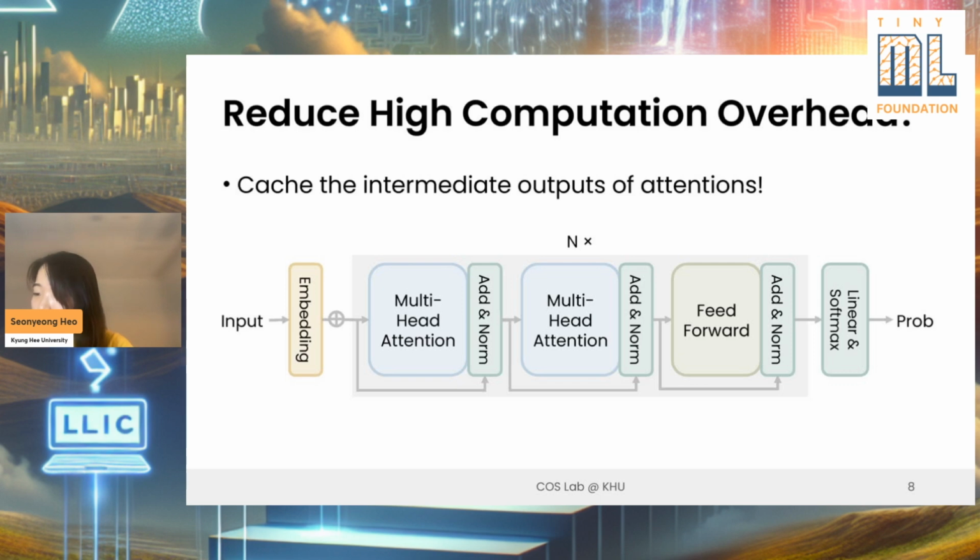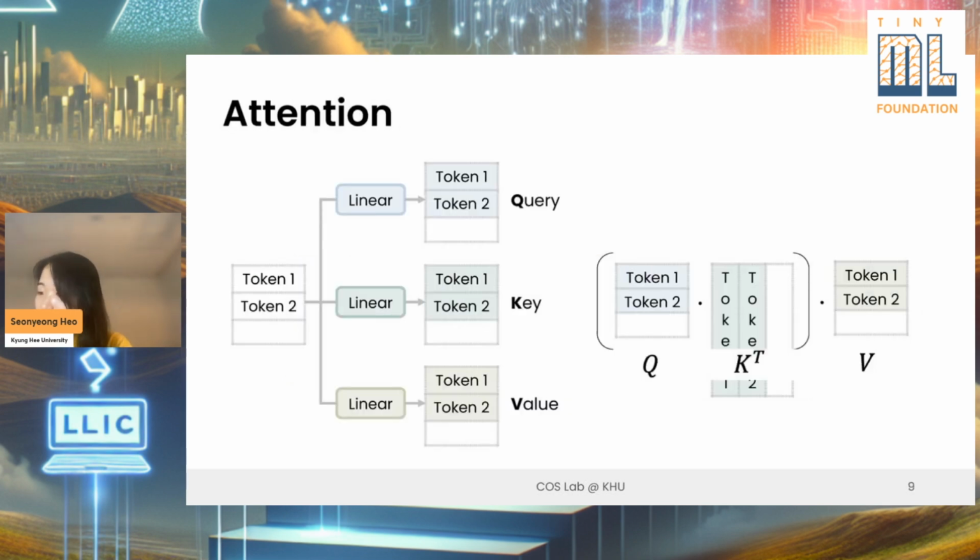Nowadays, most LLM frameworks support caching the intermediate outputs of attention. Looking into the decoder architecture, it consists of a series of multi-head attention. As the input gradually grows over time, they try to avoid duplicate computations between different forward steps. The basic computation of attention is illustrated in this slide.